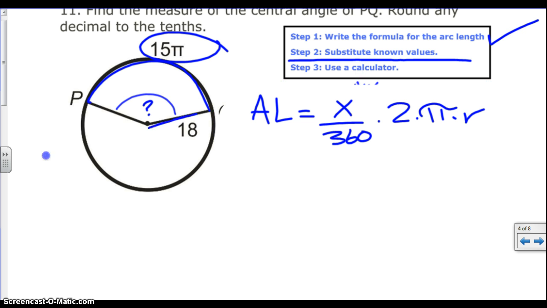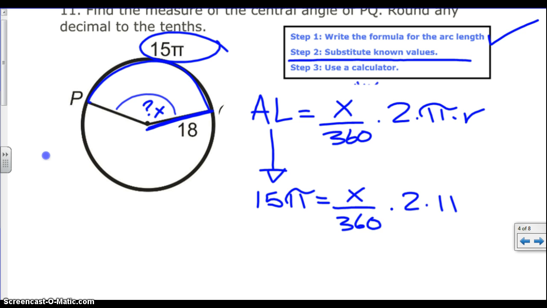So we plug in the 15 pi for the arc length. 15 pi equals the angle we're looking for, which stays as x, over 360 times 2 pi times 18. The radius keeps 18, perfect.